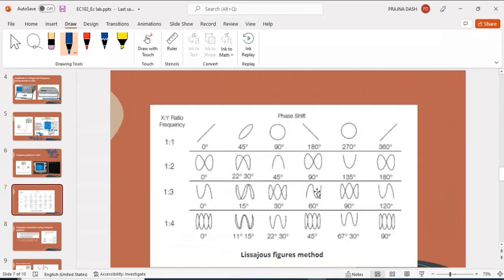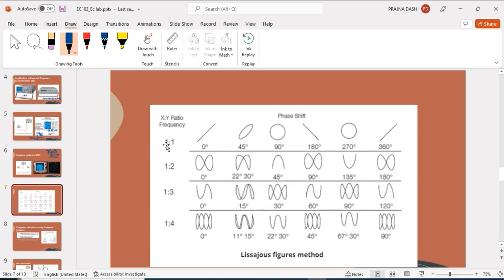These are the various Lissajous patterns we obtain when we take the same frequency for both signals. Signal 1 has the same frequency as signal 2, but there is a phase difference between the two signals.